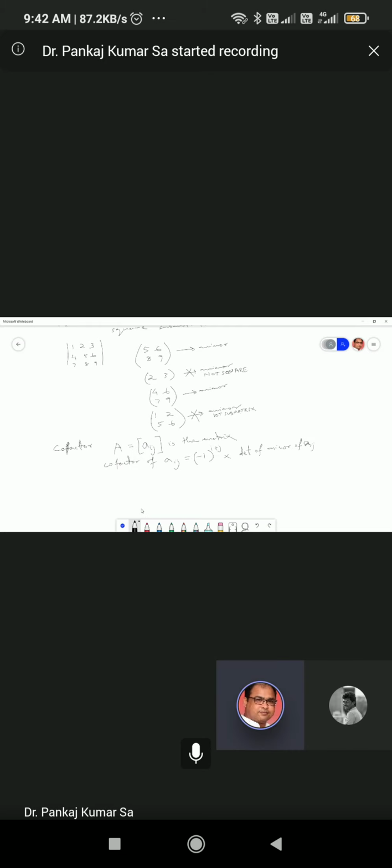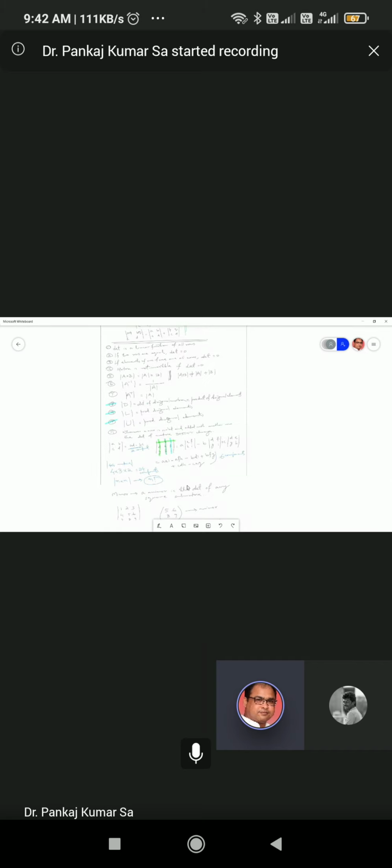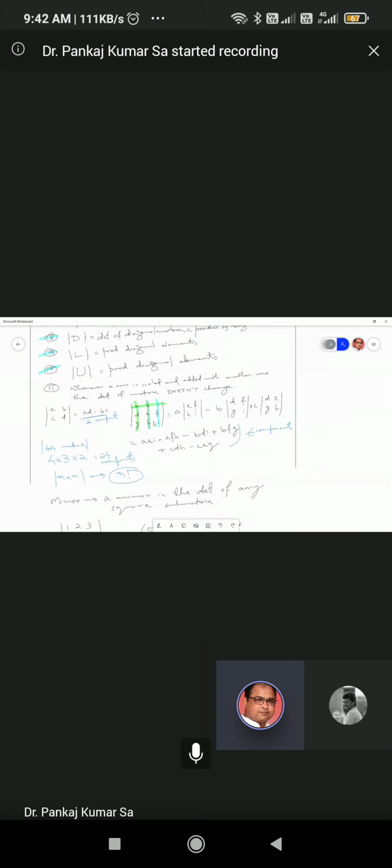Okay. But then this is again a very expensive way of calculating. That is what I was trying to convey at that time. This is exactly what we did for this 3 cross 3 matrix. No, no, no. This cofactor definition, I missed one line.